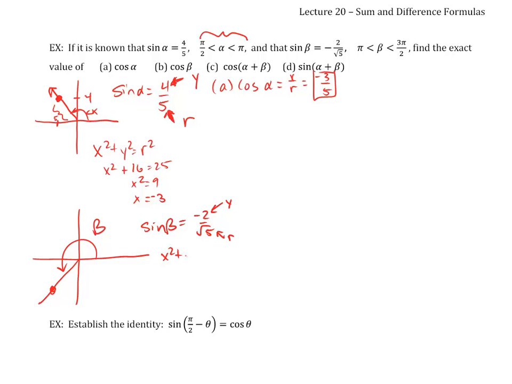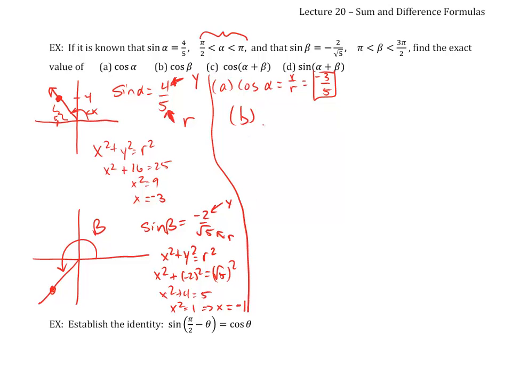So again, using x squared plus y squared equals r squared, we end up with x squared plus -2 squared equals square root of 5 squared, or x squared plus 4 equals 5. So x squared equals 1, which means that x has to be the square root of 1, which is 1, but because it's in the third quadrant, it's going to be -1. So part B, cosine of beta is again x over r, so you get -1 over the square root of 5. And that's the answer for beta.